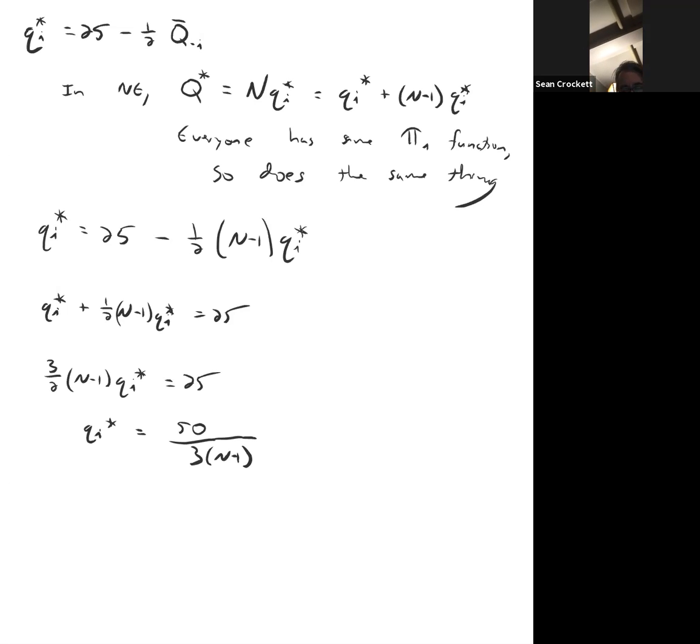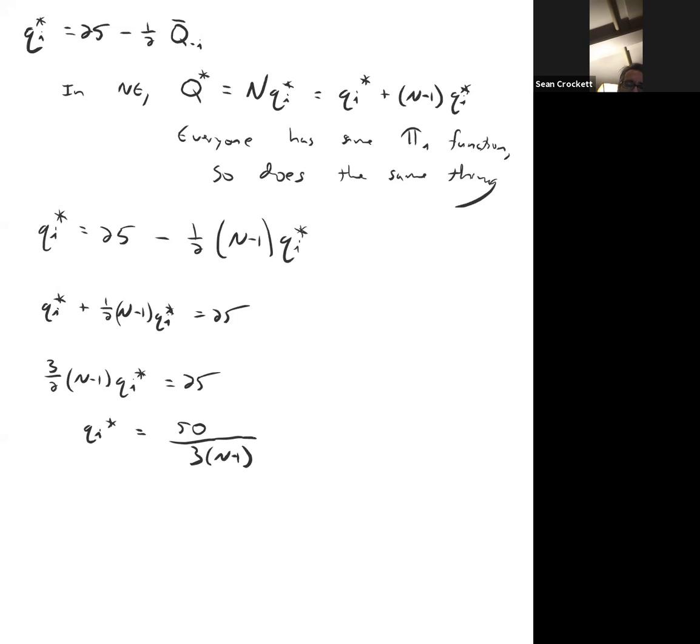Okay, and so if there's 2 firms in the market, the output of each firm is 50 divided by 3. If there's 3 firms in the market, the output of each individual firm is 50/6, right?